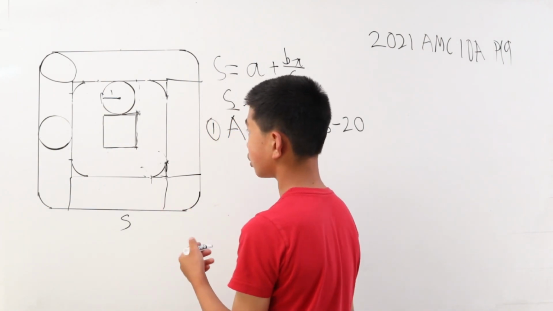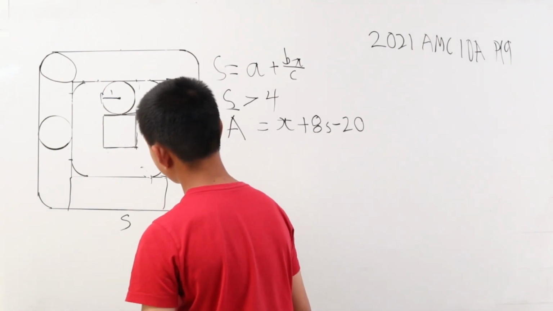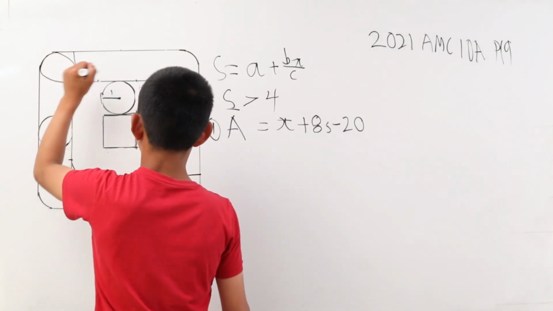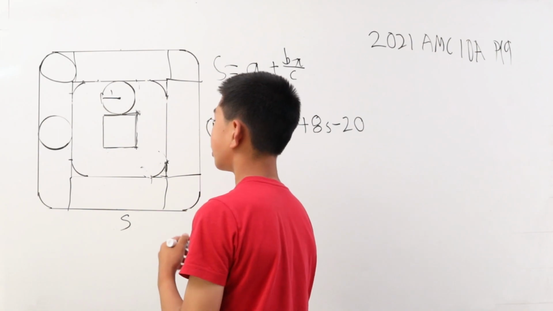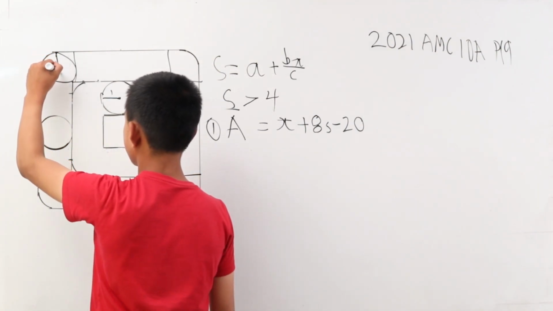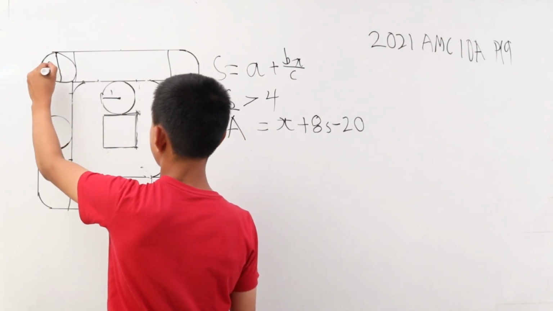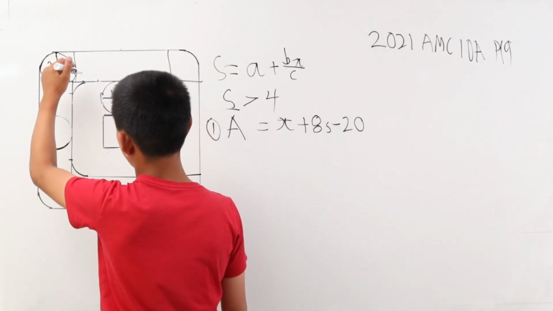Now, we can also construct another circle. If we construct a circle like this, well, we also know the height. This diameter is 2 because the radius is 1. Therefore, if the diameter is 2 here, the height must be 2.